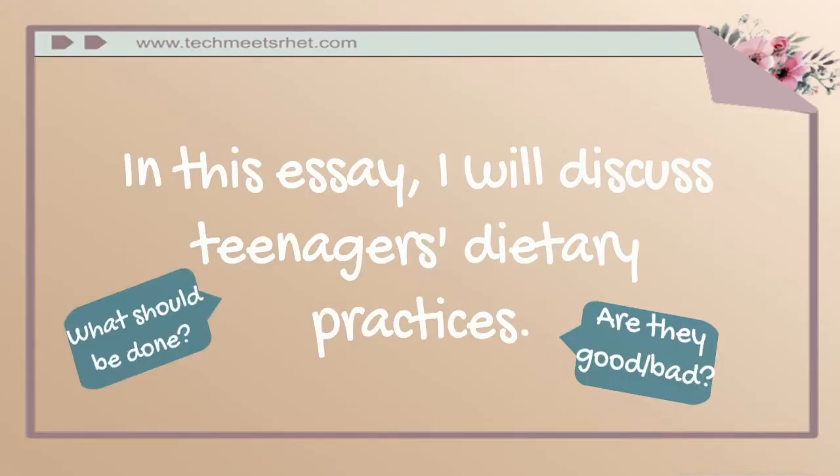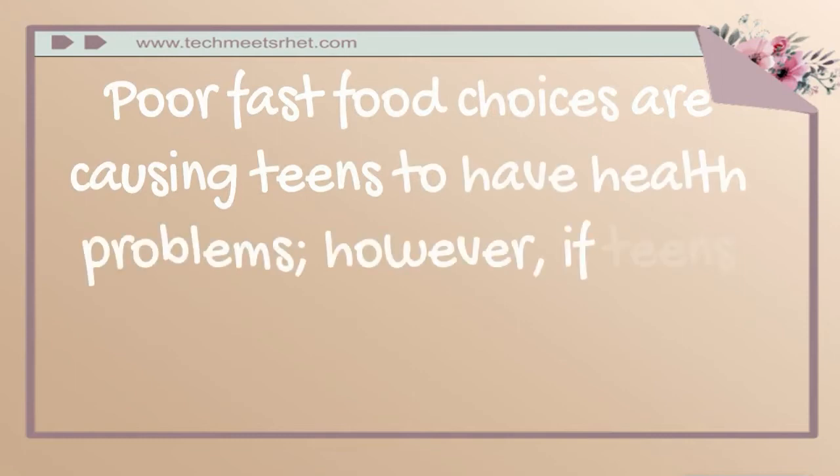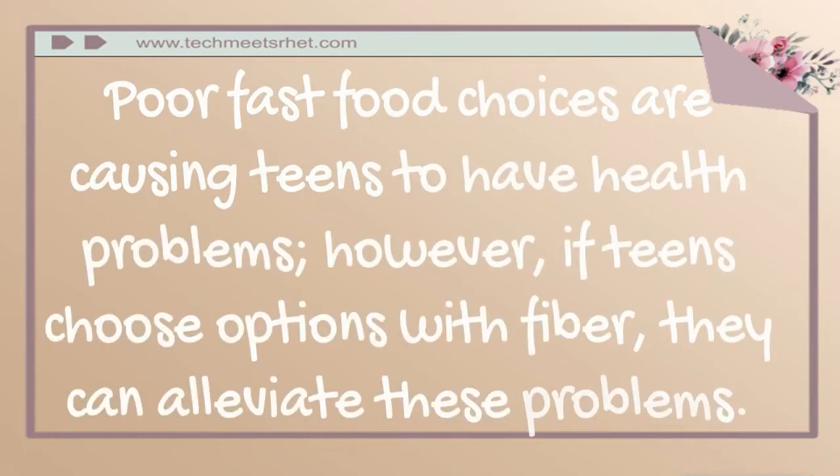So instead of an announcement, a better thesis would state something like, poor fast food choices are causing teens to have health problems. However, if teens choose options containing fiber, they can alleviate these problems. Unlike an announcement, this statement tells the reader exactly what the essay will be about without any confusion.